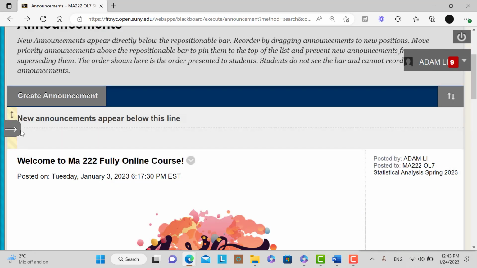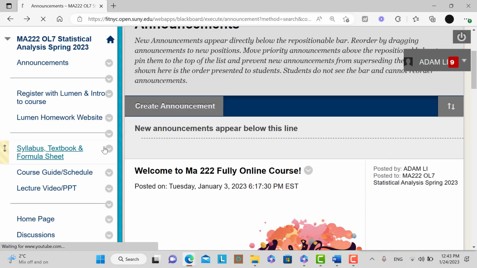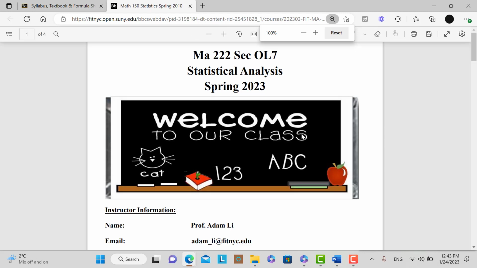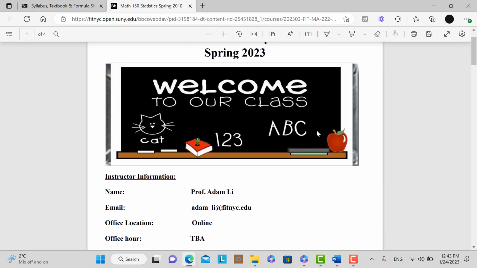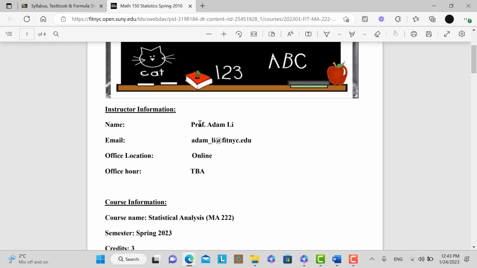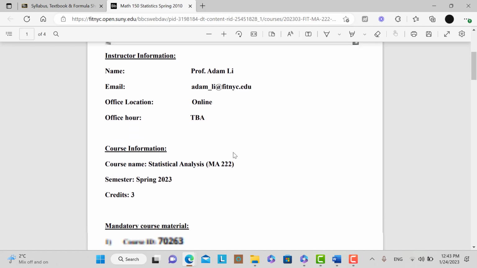So now let's look at the syllabus really quickly. If you click on the syllabus, let's open it and go through this. Okay, so Ma222 section OL7, that's our course and section number, and statistical analysis. That's my name, email address.